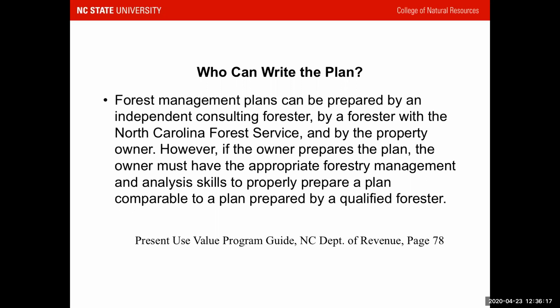It reads, forest management plans can be prepared by an independent consulting forester, by a forester with the North Carolina Forest Service, and also by the property owner. However, if the owner prepares the plan, they must have appropriate management skills and analysis skills to properly prepare a plan that's comparable to what a qualified forester would do. So the owner can do it, the Forest Service can do it, or a consulting forester can write the plan.